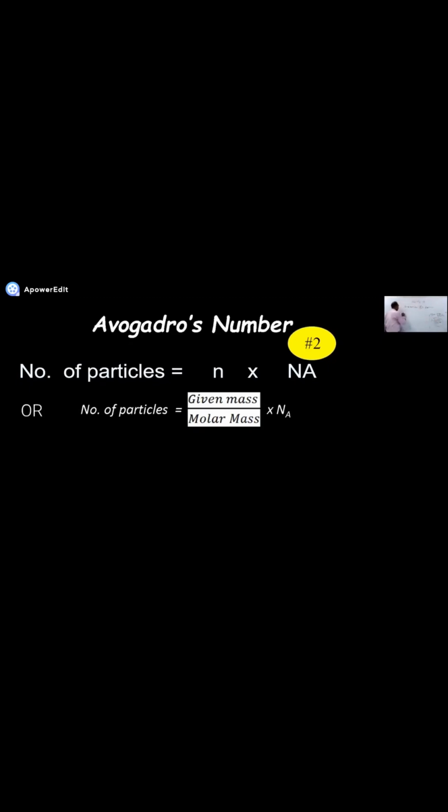So the final formula to find out the number of particles will become, we will not write n, we will write given mass upon atomic or molecular mass into Avogadro number. This is the formula that we are seeing on the screen. So you are going to use this formula. This was formula number 1 of your chemistry.